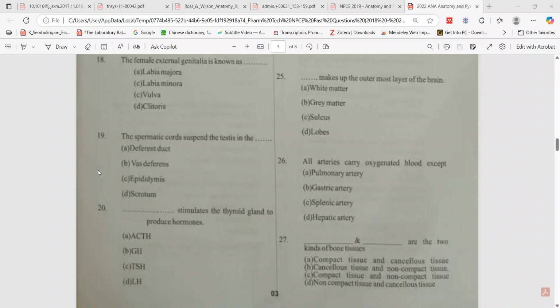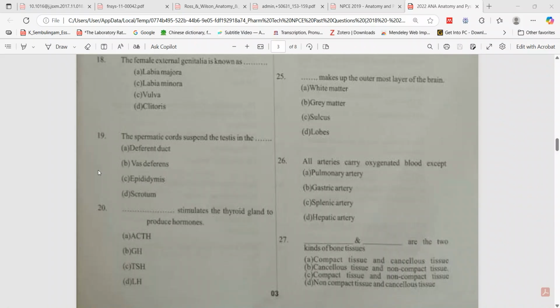Question 26. All arteries carry oxygenated blood except the pulmonary artery. I already told you not to even look at the options, just pulmonary straight. Okay, 27. Dash and dash are the two kinds of bone tissue.